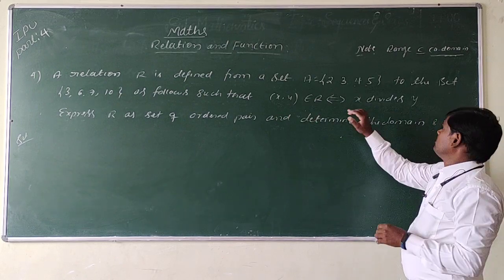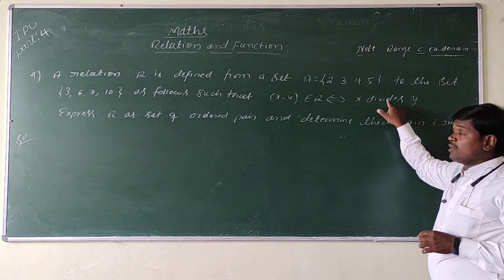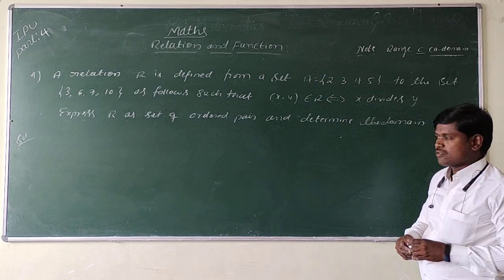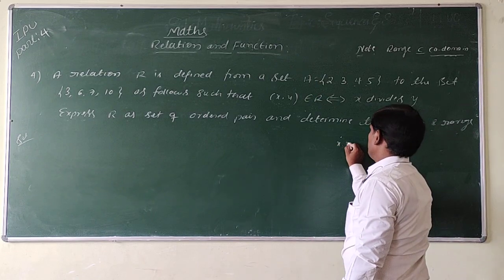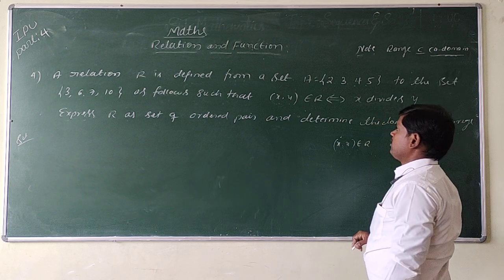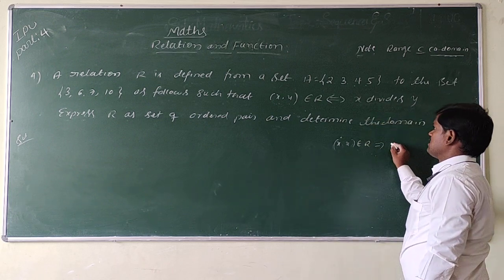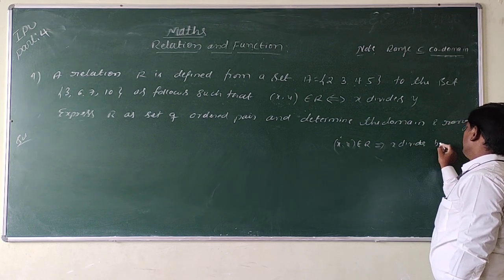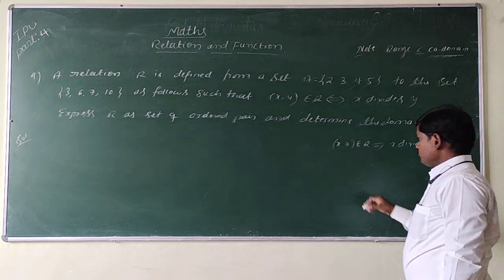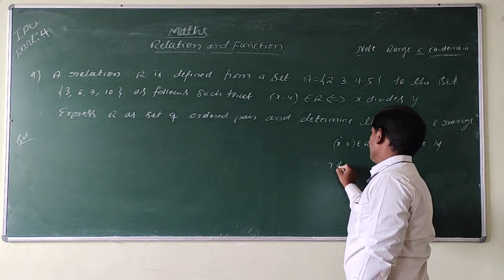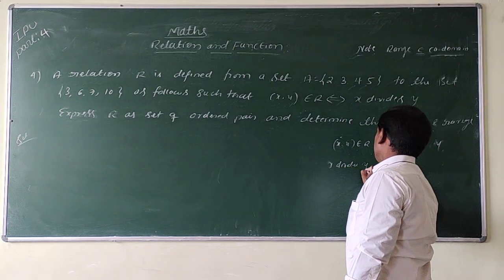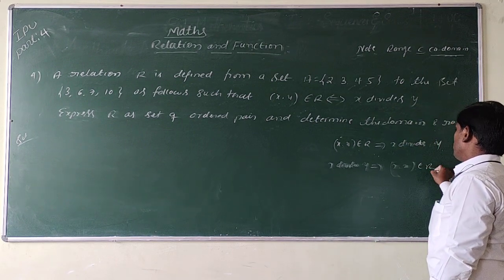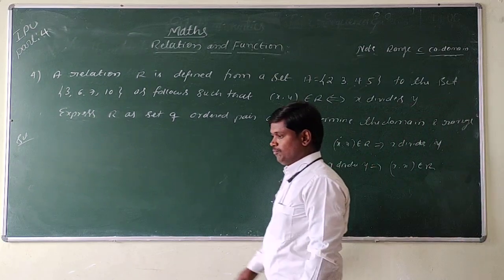And implied means if x divides y, then (x, y) belongs to R. Is it clear? So this is the condition here.